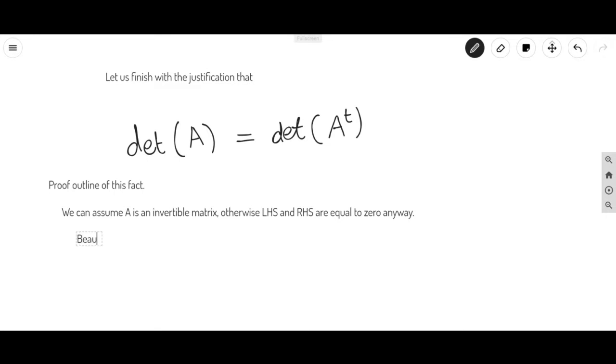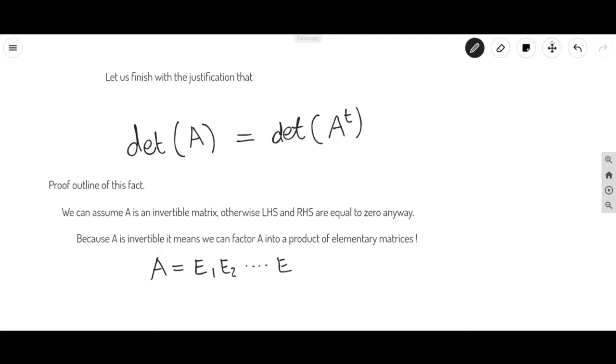Now, because A is invertible, it means we can factor A into a product of elementary matrices. This is something we've talked about in the extra credit class, that you can factor A into a product of elementary matrices, like this.